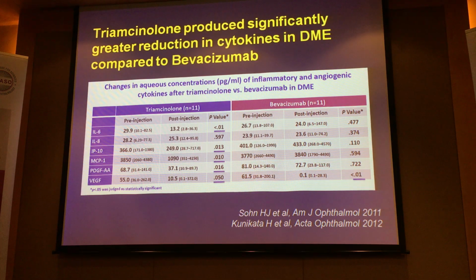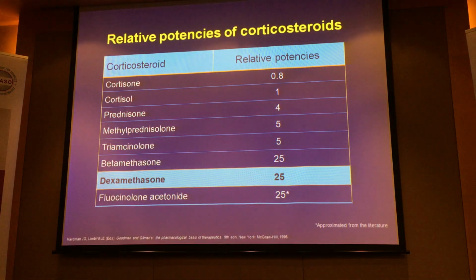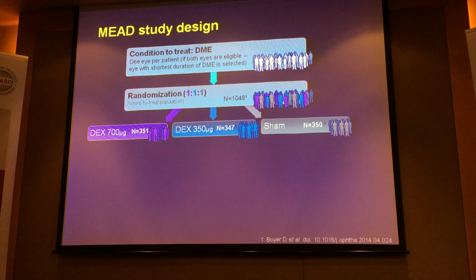Because it's anti-inflammatory. And there are relative potencies of steroids. So not all steroids are equal. You have dexamethasone, which is higher than the rest, and fluocinolone. And it's no wonder that the two drugs that have been approved for DME treatment are actually dexamethasone and fluocinolone, because they are the most potent steroids.